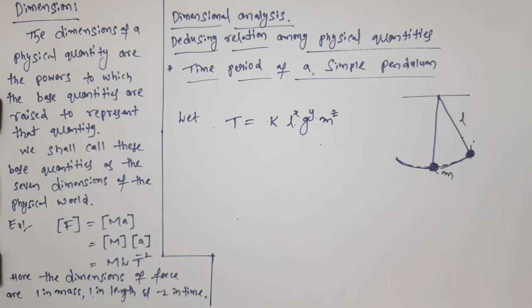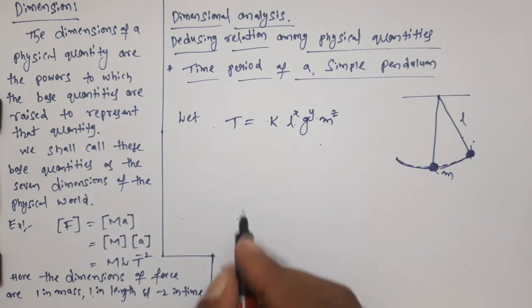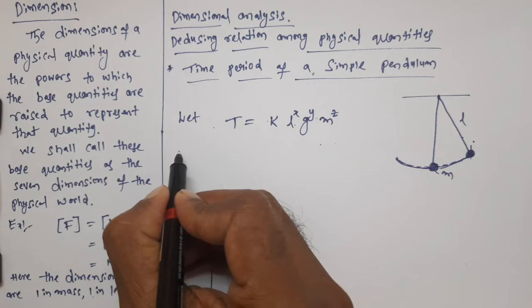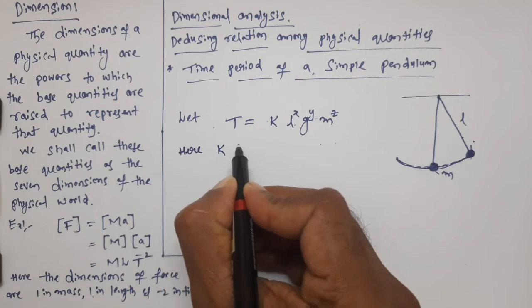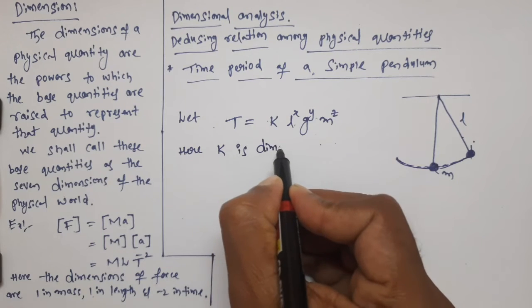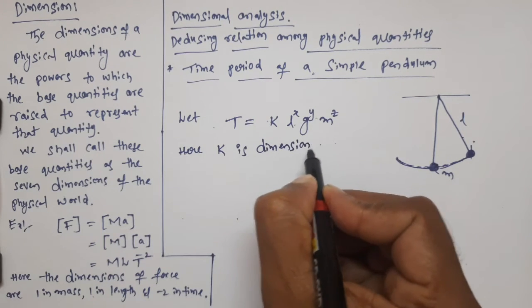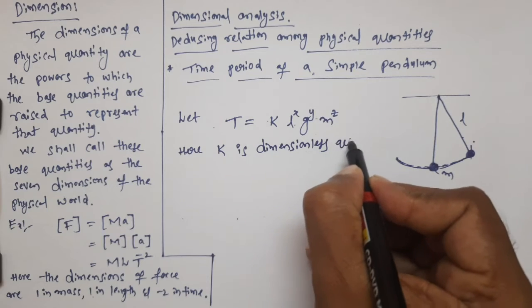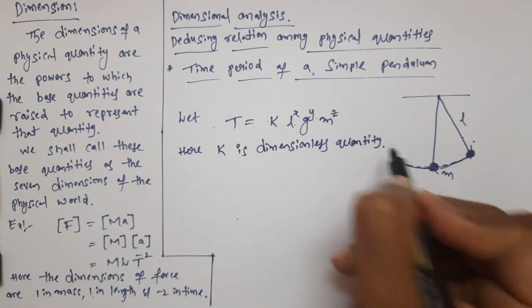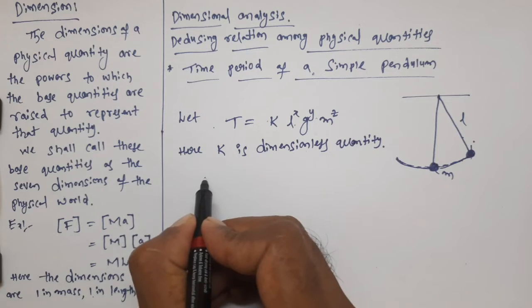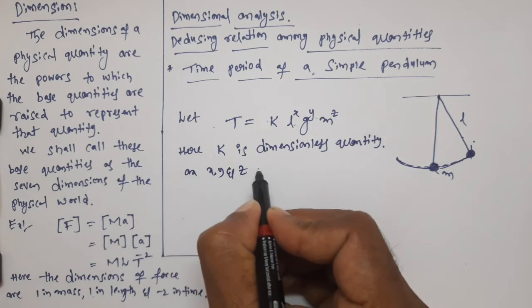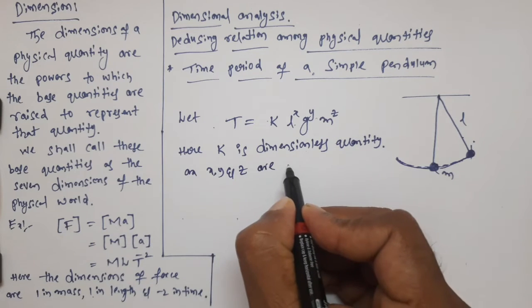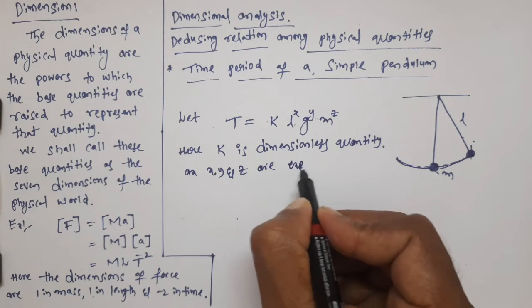Then only we will get the x, y, and z values. Here, what is k? k is a dimensionless quantity. And x, y, and z are exponents. Exponents mean integers.